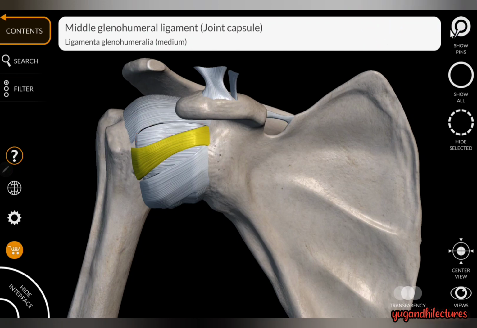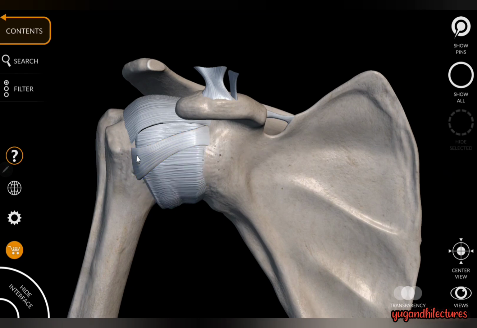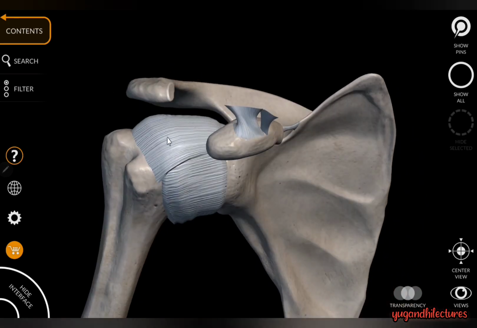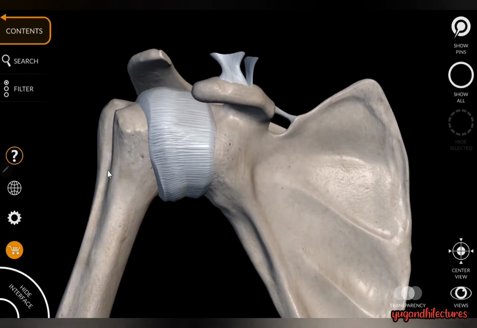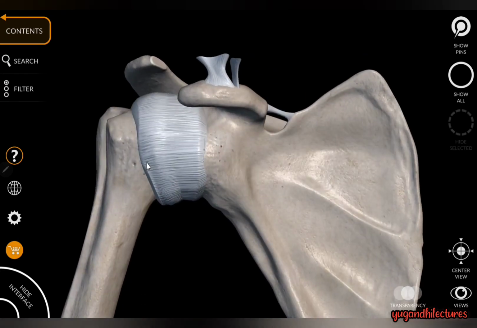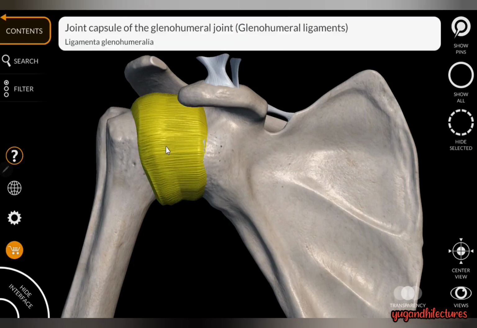So now I am going to remove all the glenohumeral ligaments. Now this is the joint capsule.